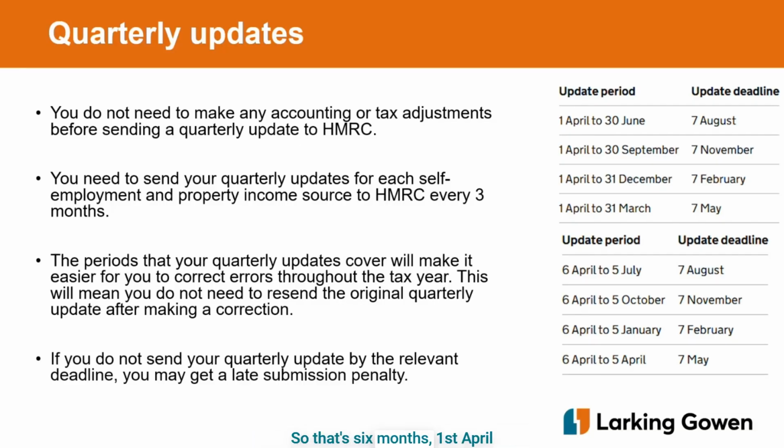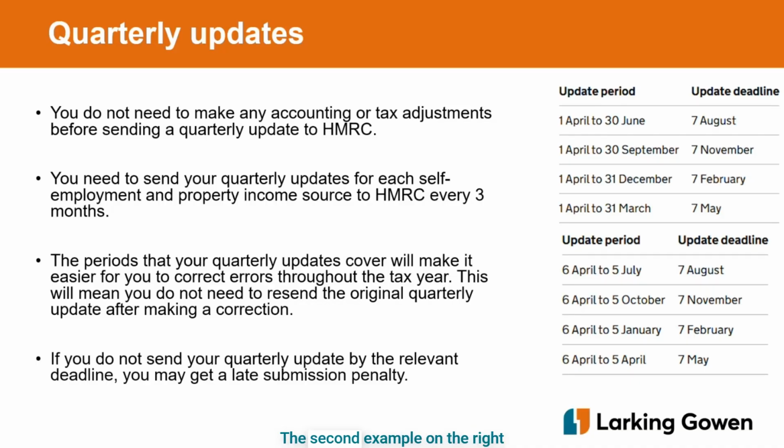So that's 6 months, 1st of April to 31st December, and so on. And the update deadline is always the 7th of the month after the end of the update period. So for the first period, 1st of April to 30th of June, the update deadline is 7th of August. And as you'll see, the second one is 7th of November, and so on.